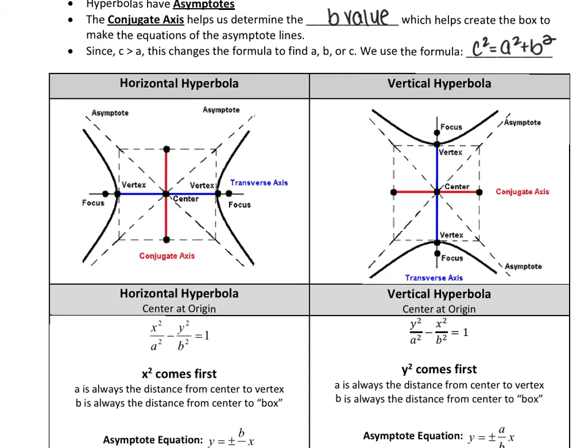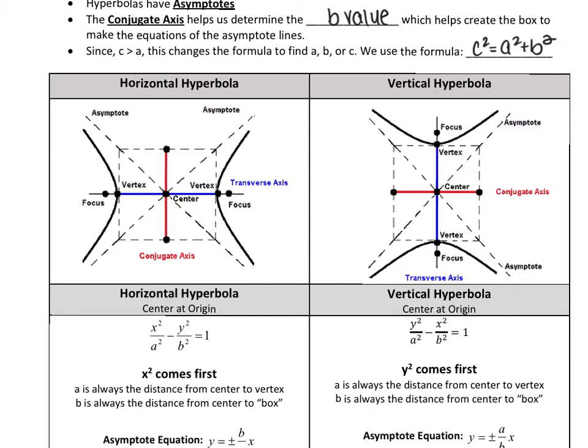A horizontal hyperbola is a hyperbola that has two branches opening horizontally. A vertical hyperbola has two branches opening vertically. Now, I discussed before that the vertex, the center, and the foci lie on what's called the transverse axis. And then this conjugate axis helps us find these values right here.